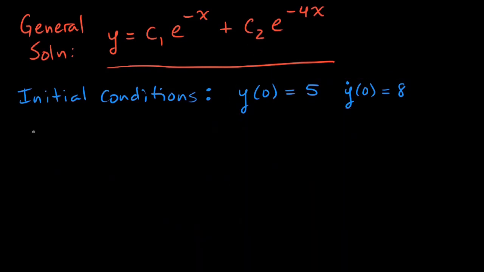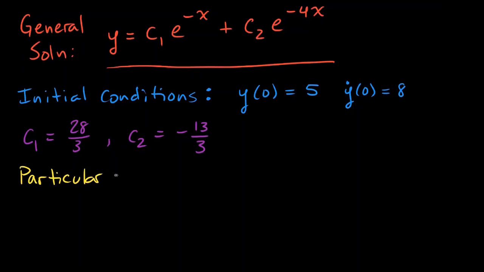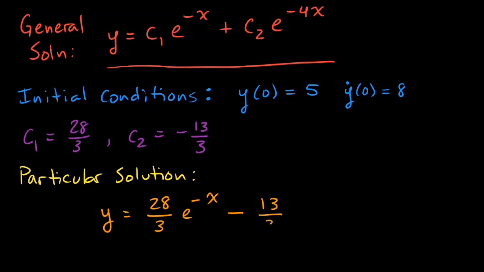Okay, so for those initial conditions, I had C1 equal to 28 over 3 and C2 equal to negative 13 over 3. So the particular solution for the differential equation is going to be y equals 28 over 3 e to the minus x minus 13 over 3 e to the minus 4x.